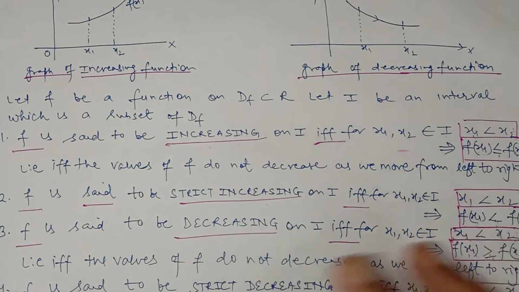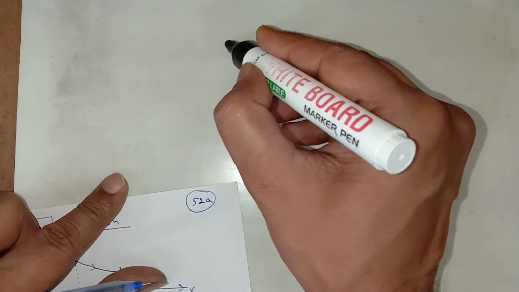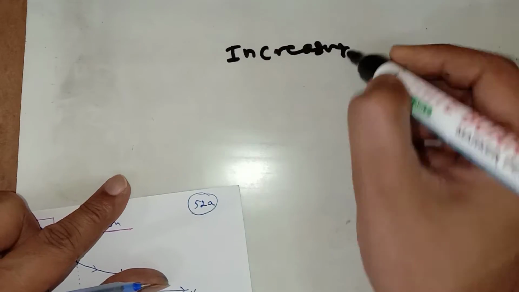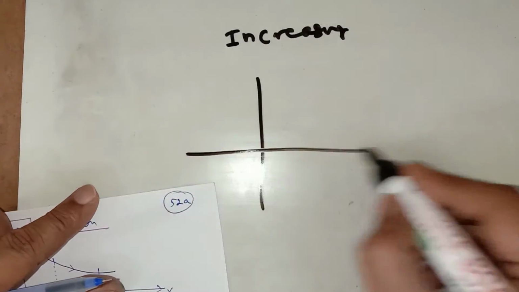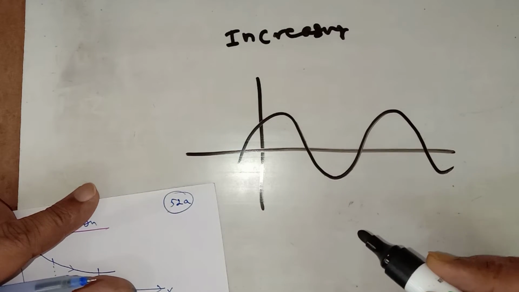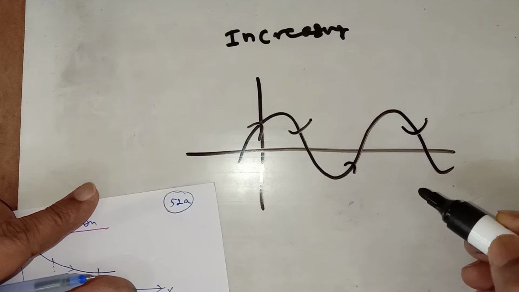Now, strictly increasing and strictly decreasing. Suppose we have this curve. It is somewhere increasing, decreasing, increasing, decreasing, and so on.